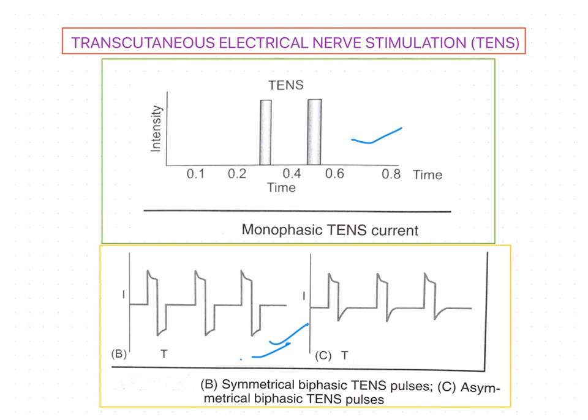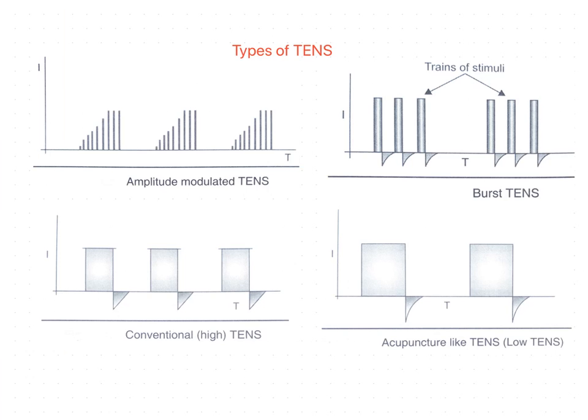Now we will see the types of TENS. Here you can find different types of TENS. The types of TENS are high TENS, low TENS, burst TENS, and also modulated type of TENS.